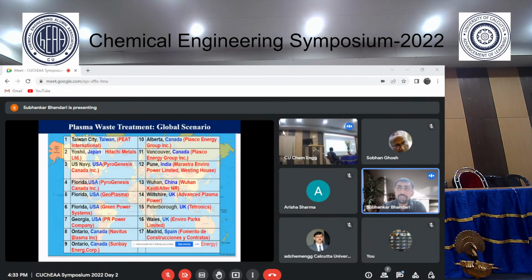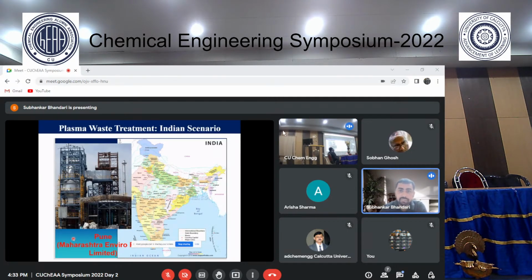Westinghouse or Alternate Energy is the only technology which is successful, making the technology commercially proven at a bigger scale. They have planned projects in China and Japan, and in India also. In Pune, they have planned to process hazardous waste using air plasma gasification technology, with a capacity of the order of 70 tons per day.